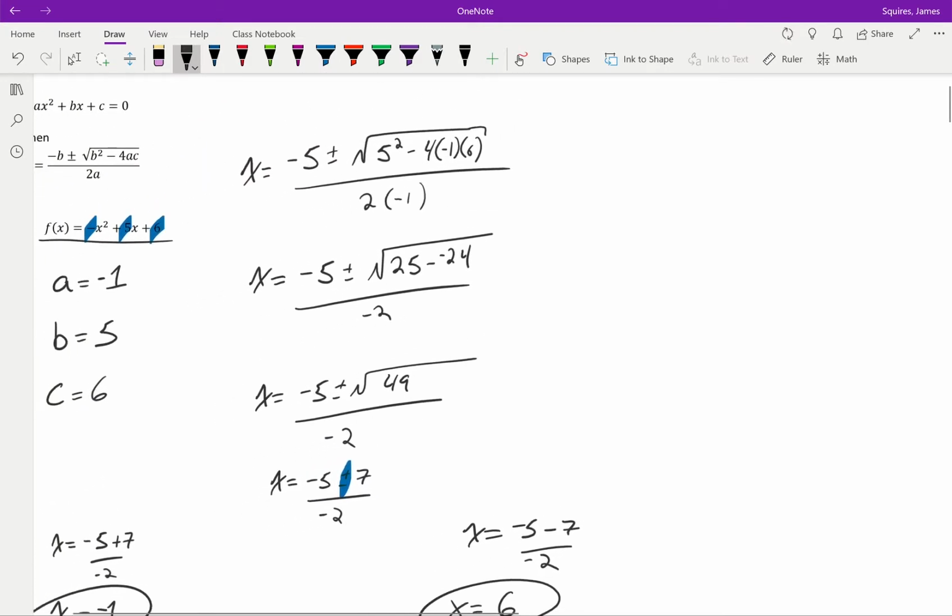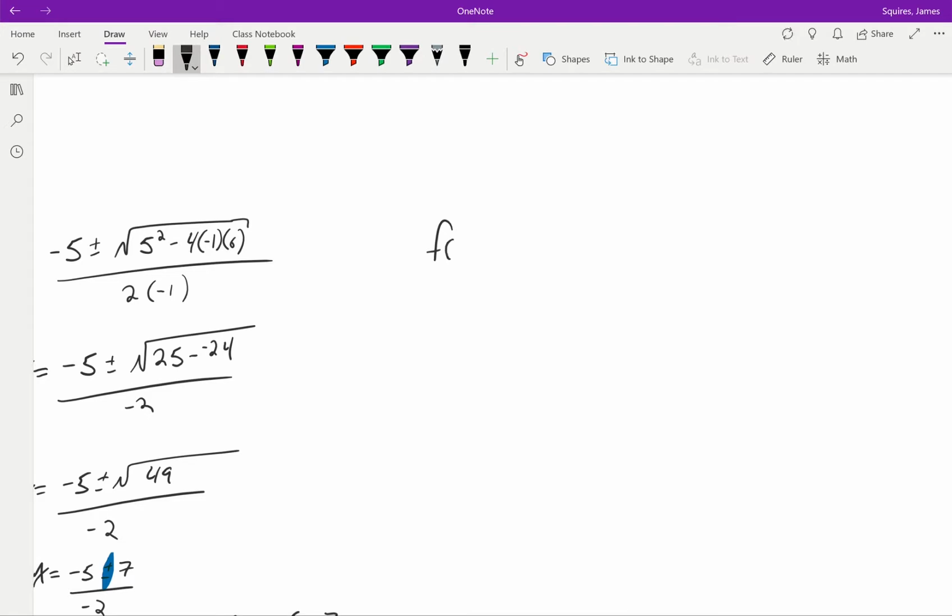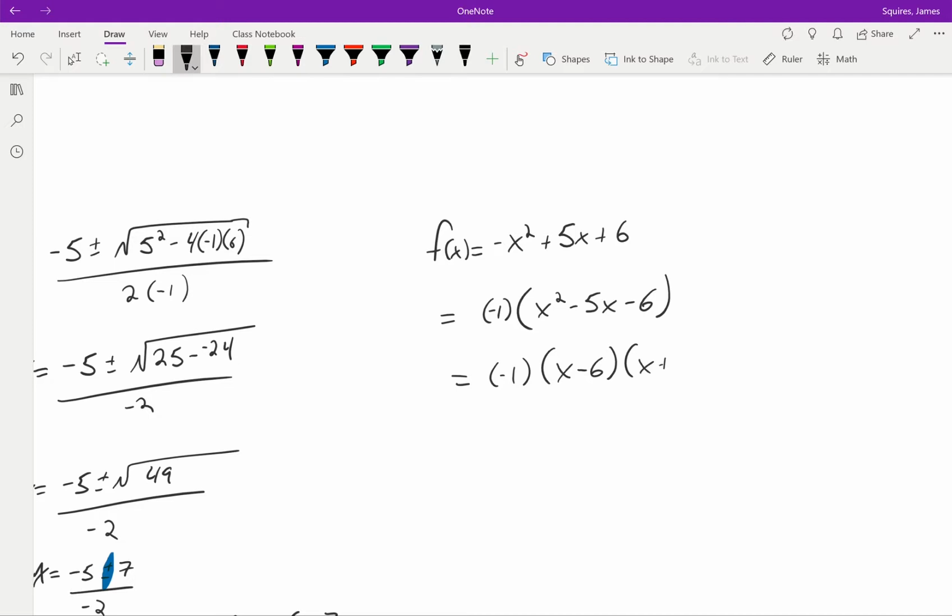Now, let's go back to our original function. F of x equals minus x squared plus 5x plus 6. We've also done this by factoring, where we could have minus 1 times x squared minus 5x minus 6, and this equals minus 1 times x minus 6 times x plus 1.